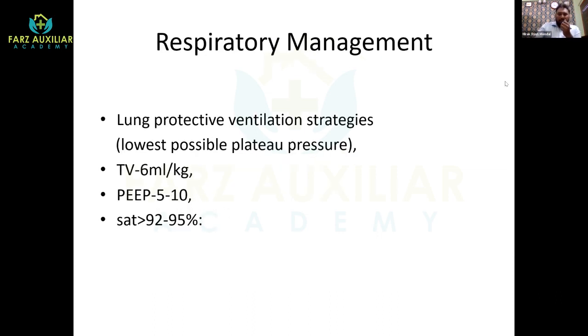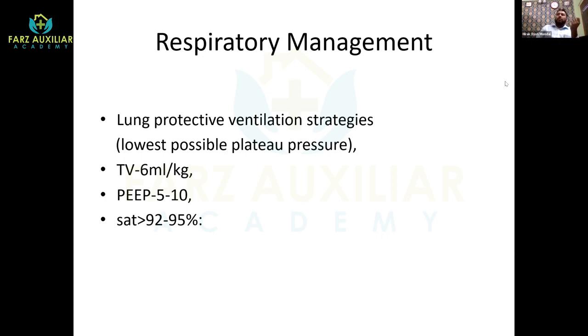It's needed. Regarding respiratory management, it's quite easy. Usually we do lung protective mechanical ventilation. We avoid hyperoxia. Again, we avoid basal atelectasis and all. So it's quite simple.